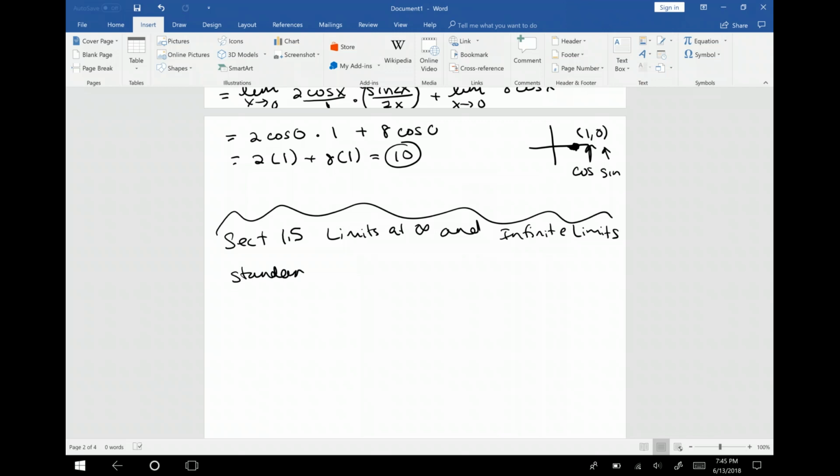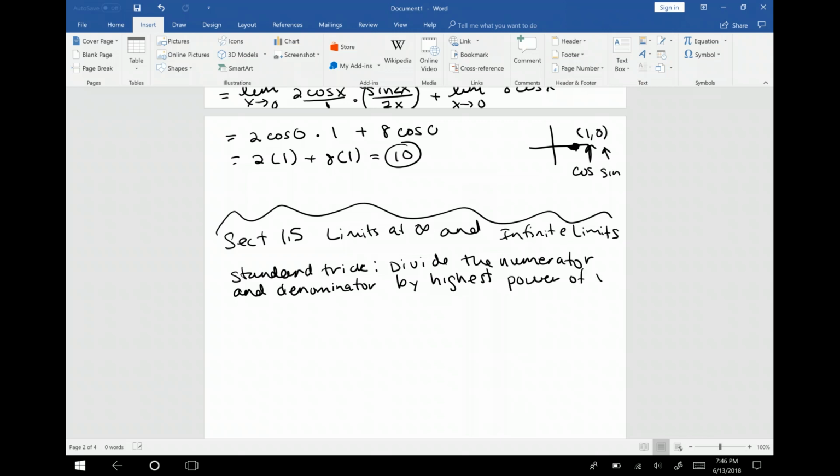In this section, there's kind of the standard trick that we use when we're finding these limits. And this trick is going to be to divide the numerator and the denominator by the highest power of x that appears in the denominator.